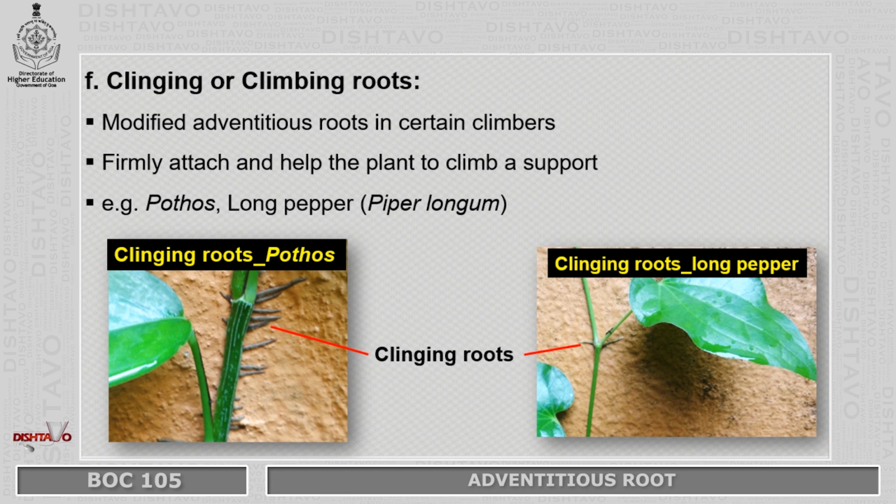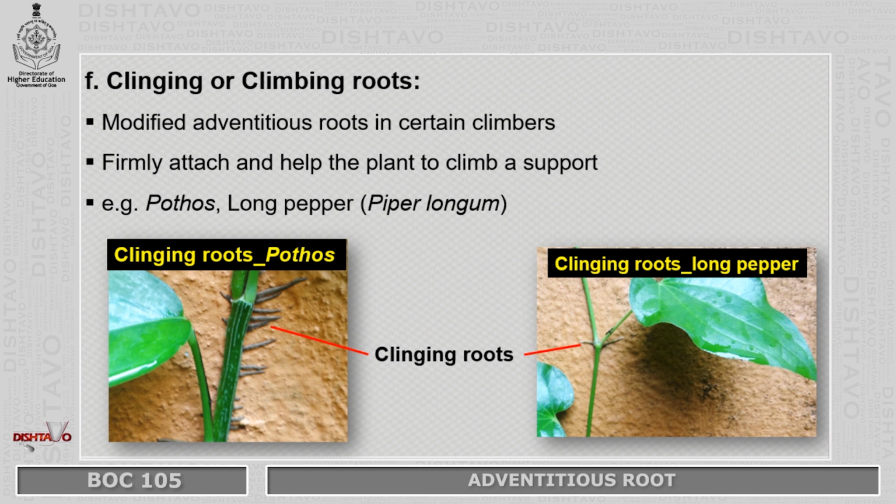Then clinging roots or climbing roots. These are modified adventitious roots which are seen in certain climbers. These roots help the climbers to firmly attach to the support and climb that support. Good examples for these clinging roots are pepper plant, betel nut climber, then pothos, then long pepper.